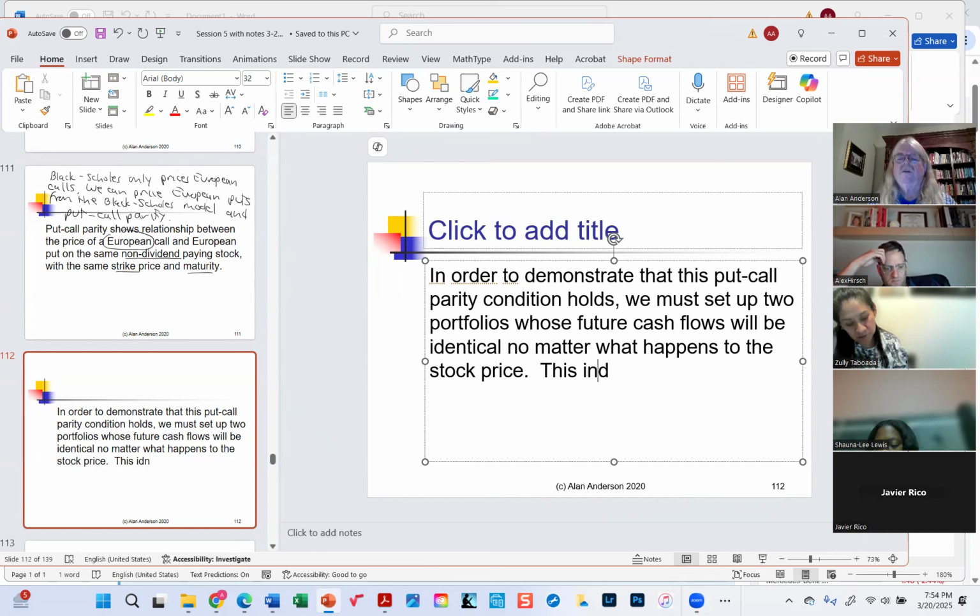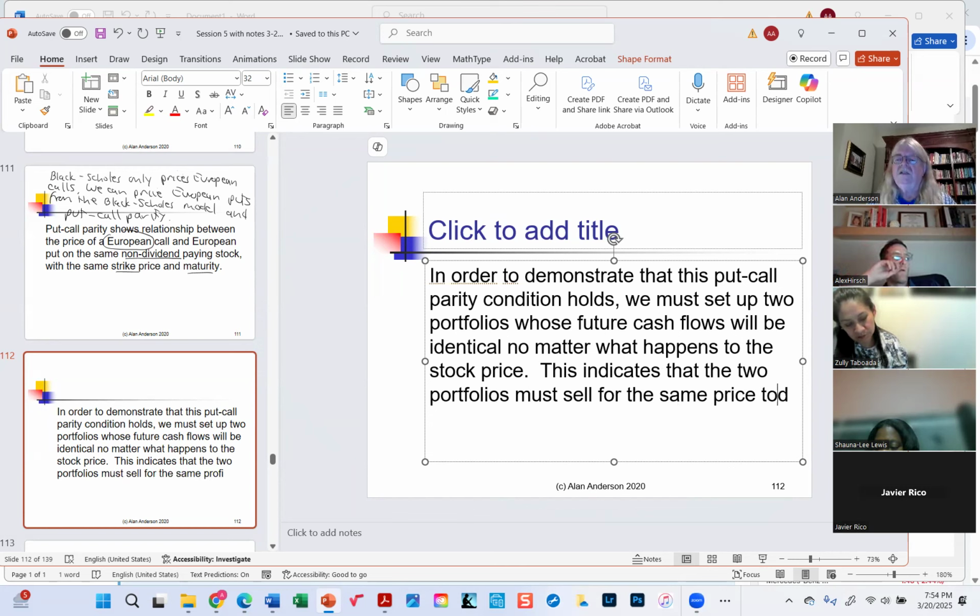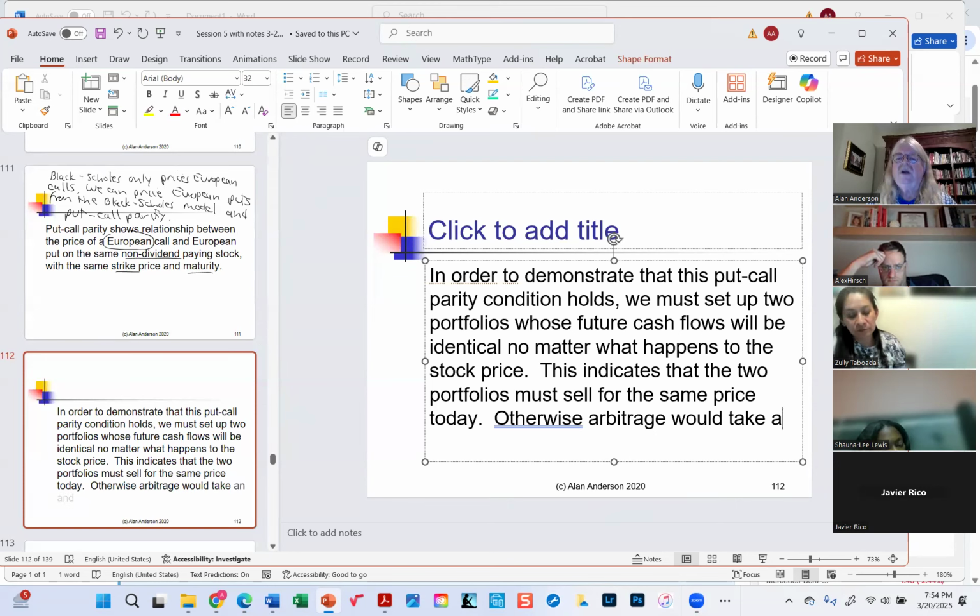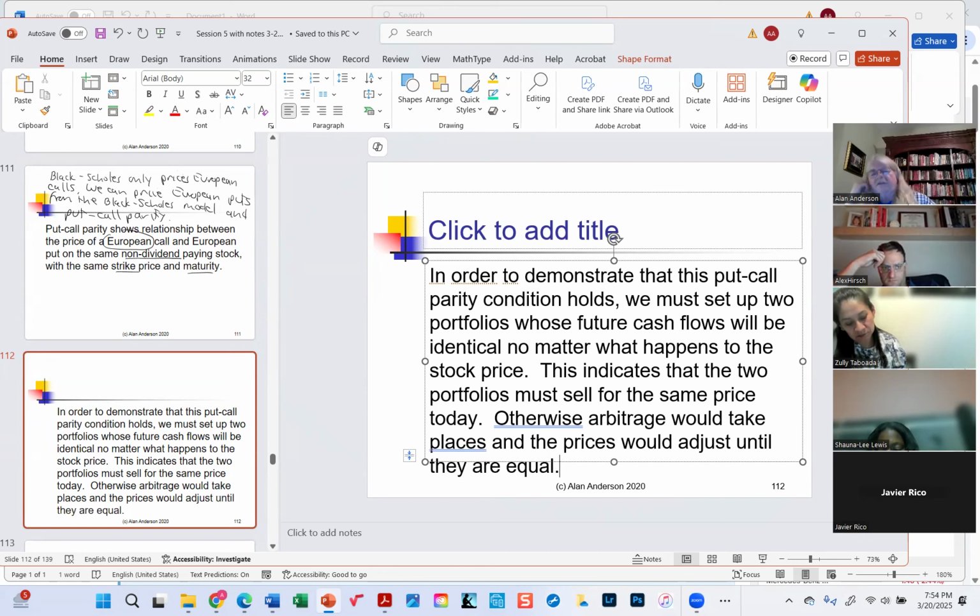This indicates that the 2 portfolios, as we saw earlier, must have the same price today. Otherwise, arbitrage would take place and the prices would adjust until they are equal. End of story. Now the tricky part is figuring out what portfolios to set up. That's the challenging part.